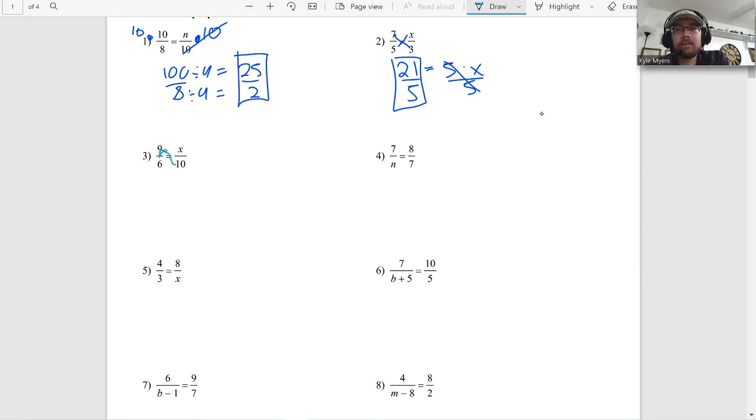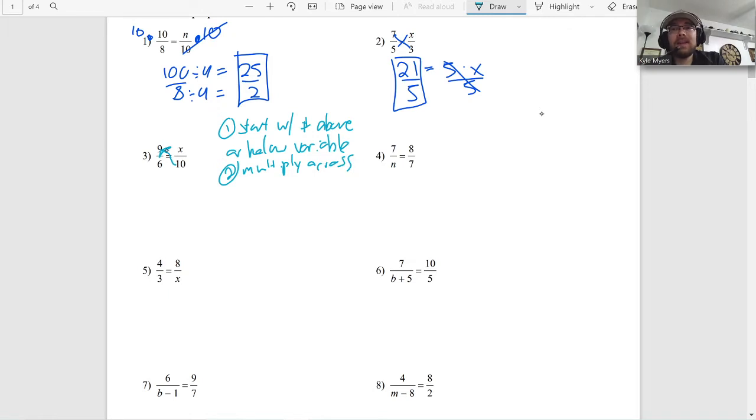I'm going to go like this. So you start with the number that's above or below the variable. Okay, you multiply across. So I'm going to do 10 times 9.